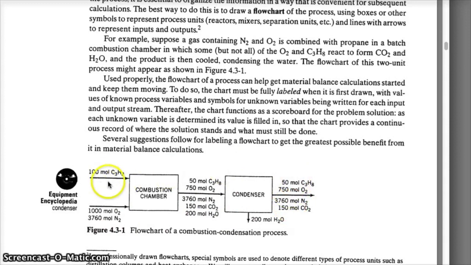This is a batch process. If it's a continuous process, this might be mole per second, mole per hour or liter per hour. If this is a batch, it can be mole, liter, kilogram, and whatsoever.